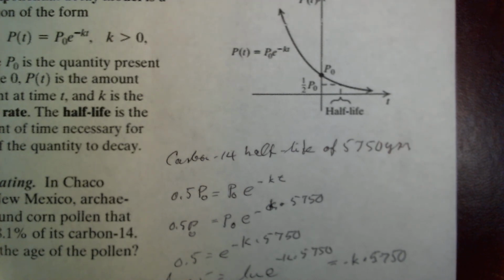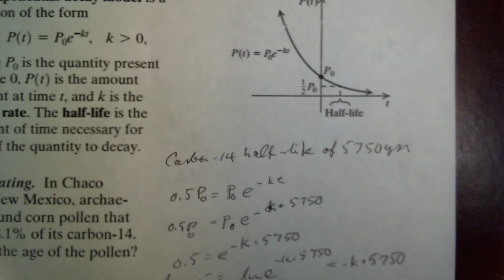So then the decay formula is P of t equals P sub 0 e to the minus 0.00012 t. So that's our decay formula for carbon-14.